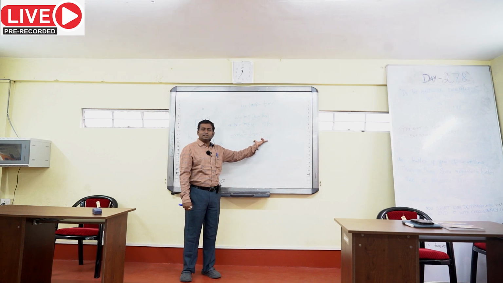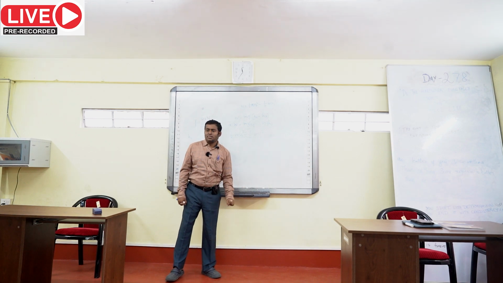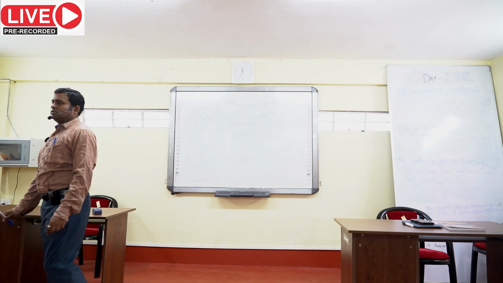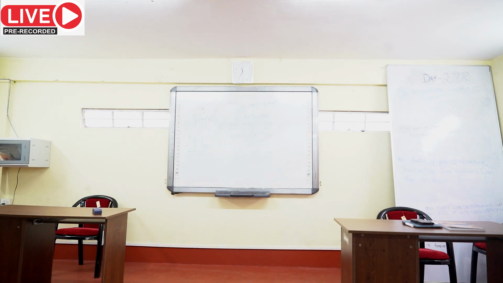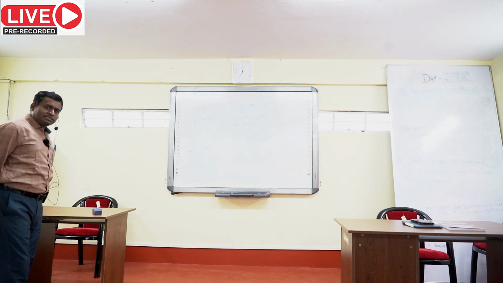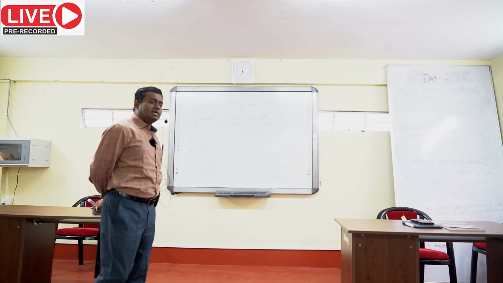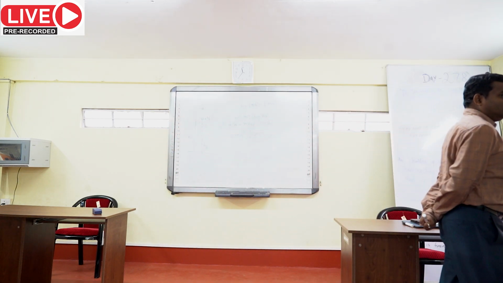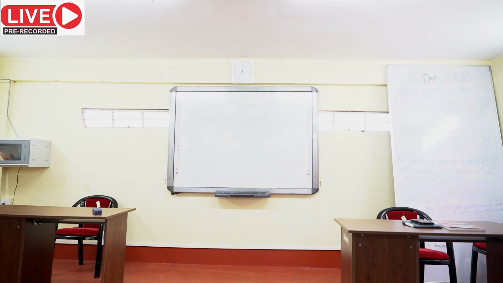This is the significance of this step. Just write: increase in kinetic energy of the particle is equal to the decrease in gravitational potential energy of the particle. Right? That's good.